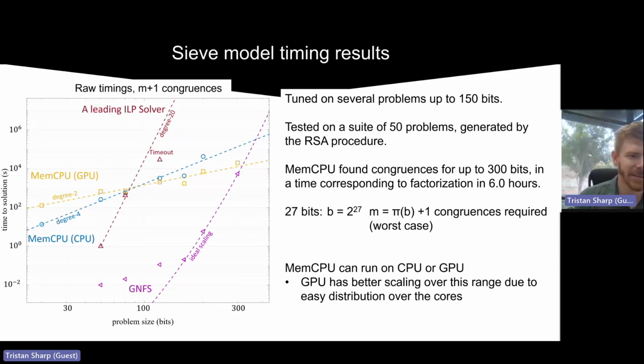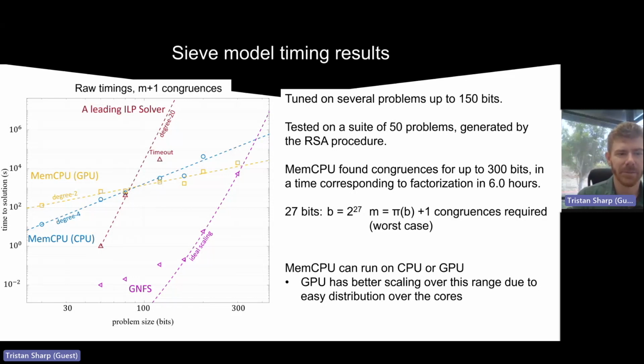And let me explain this plot now on the left. Right now I've jumped exactly to the yellow and the blue points, which are the circles and the squares. MEM computing run either on the CPU or on the GPU. Those are the simulations of the circuit.